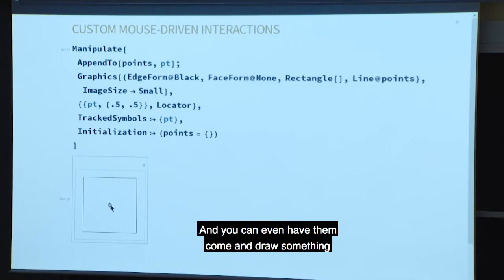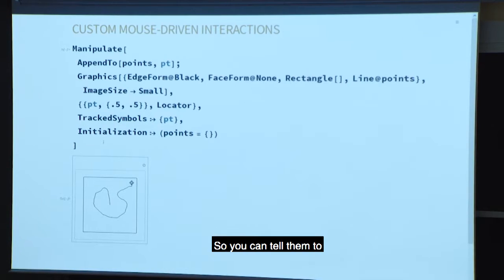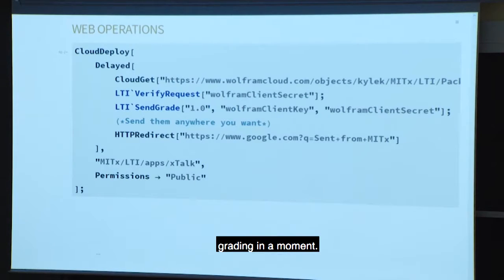And you can even have them come and draw something if they want to. And this is all of the code to produce a little drawing app that lets your students draw something. So you can tell them to sketch what they think is the sine of x, and you can grade it based on the actual curve that they've drawn. And I'll show you an example of data grading in a moment.